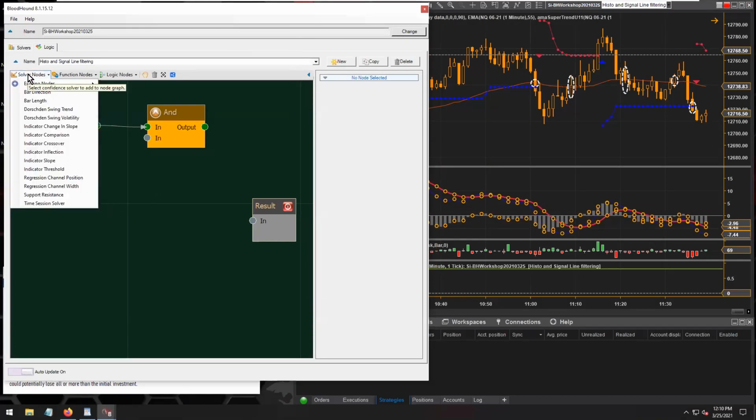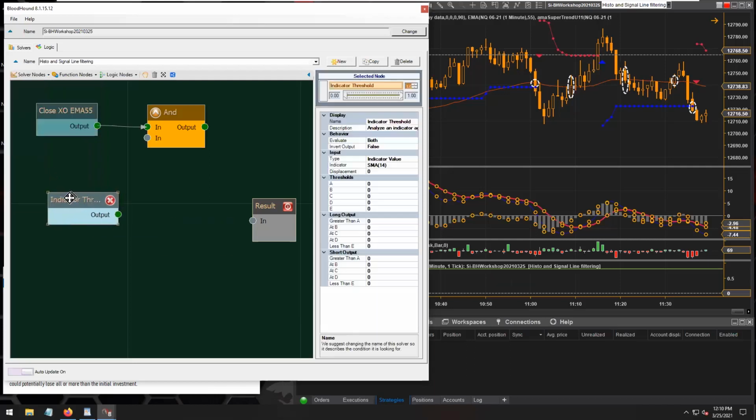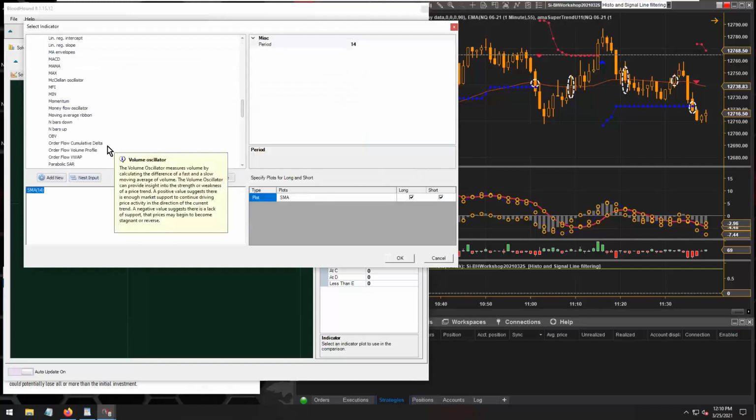So to do that, I'm going to use the threshold solver, right? So that 0 line is our threshold value, so we're looking to see if the indicator is above the 0 threshold or below the 0 threshold. All right, so for our input, let's plug in our MACD.